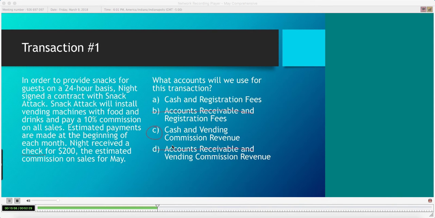And then you will credit the total of those two amounts to income summary. And then this is also going to be used for an adjusting entry as well. So are there any questions on why this one is cash and vending commission revenue?